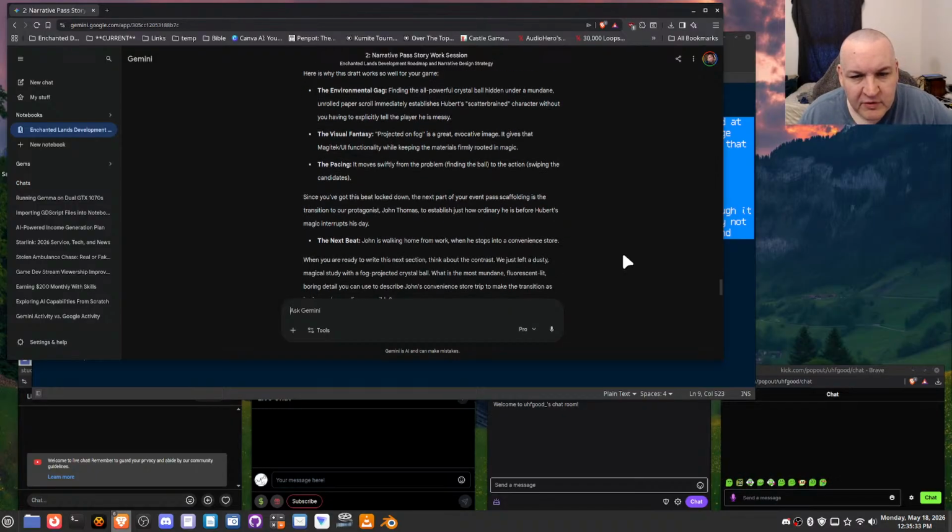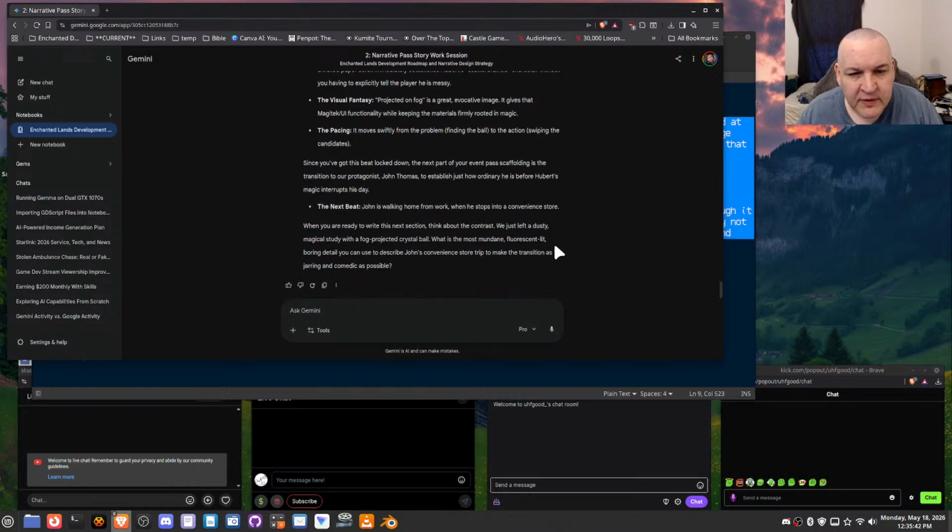The visual fantasy projected on fog is a great evocative image. It's that Magitech UI functionality will keep the materials firmly rooted in magic. It moves swiftly from the problem finding the ball to the action swiping the candidates. Since you got the speed lock down, the next part of your event passes the transition to your protagonist.